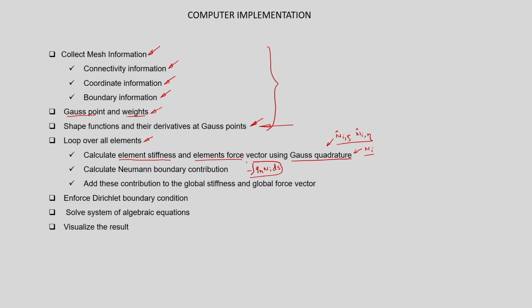So, this term will be calculated in the next step, alright. Then, but this thing you note down that we have to calculate only over the Neumann boundaries, alright. So, in that case we need the information of the boundaries, alright, or regarding the edges of the elements, whether it is coinciding with the Neumann boundary or not.